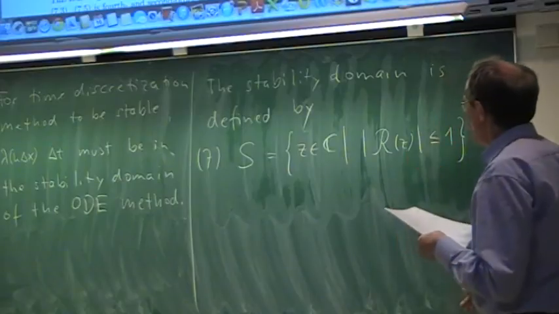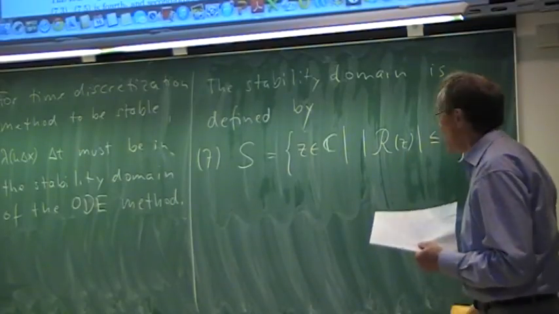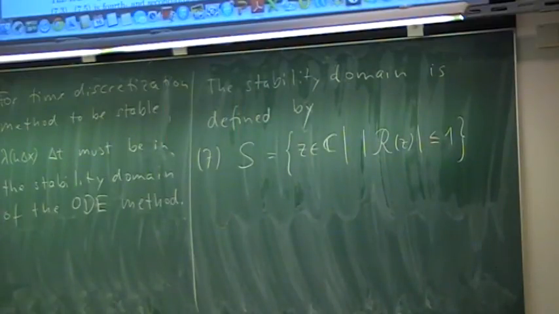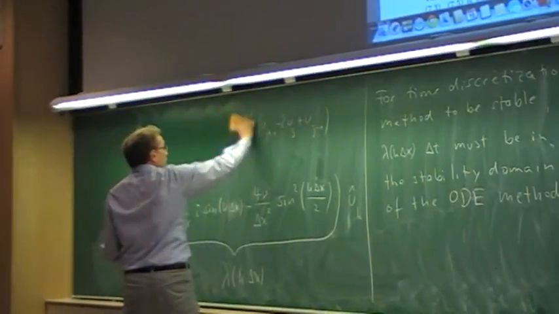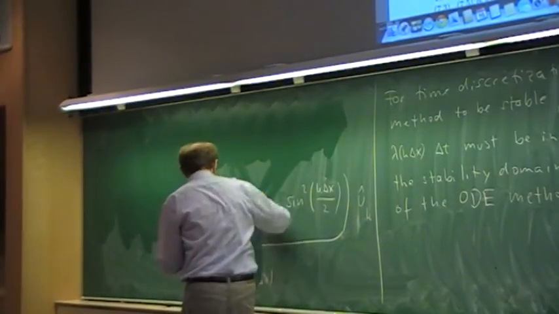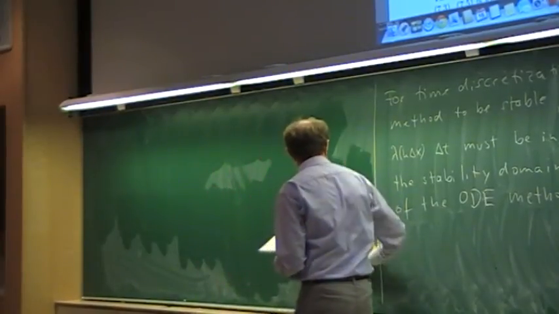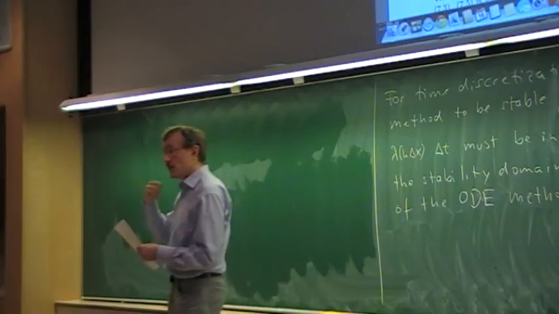The stability function is what we get when we solve our ODE problem, not itself, but for the Dahlquist test equation, because that is what we have here. When we do this Fourier analysis, we get the Dahlquist test equation where the lambda is the Fourier symbol.